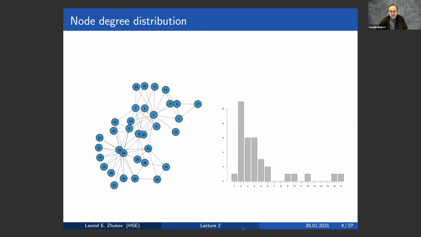You can do it that way, or if you want, you can normalize and put probabilities. But right now, this is just the number of nodes. So there is one node with degree 1. There are 11 nodes with degree 2, and so on. That's how you read it. And then here there is one node with degree 16 and one node with degree 17. So it's quite obvious.